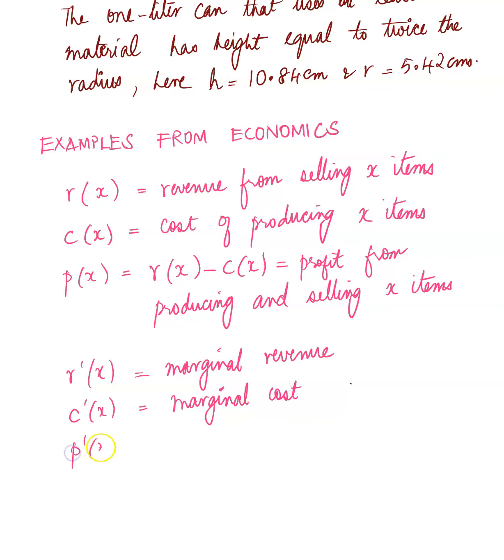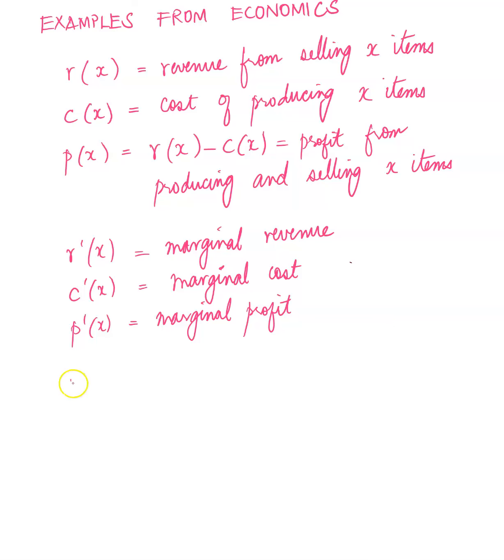And P prime of X will be the marginal profit. So why do we need to take the derivatives? Now what happens is the profit P of X, right, which is R of X minus C of X, this profit function has a maximum value. And that's desirable, isn't it?